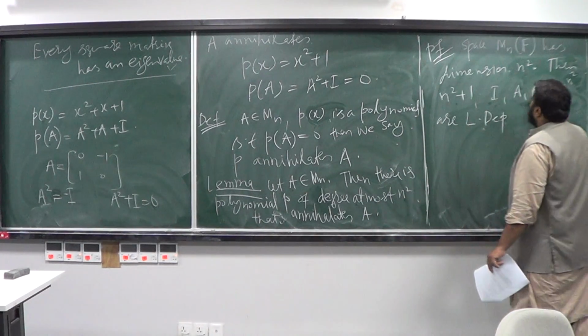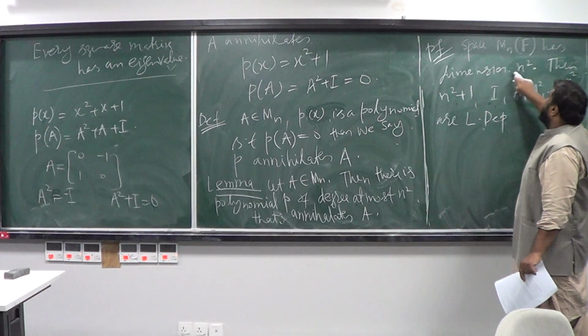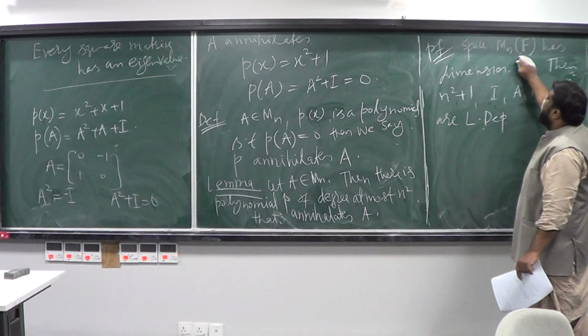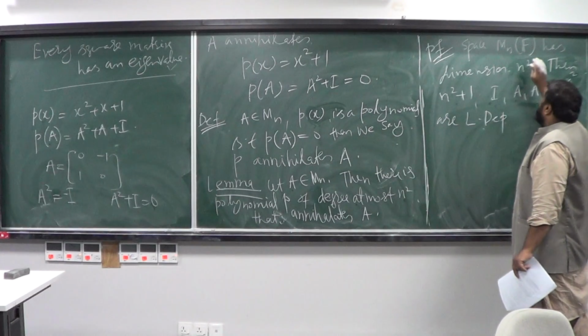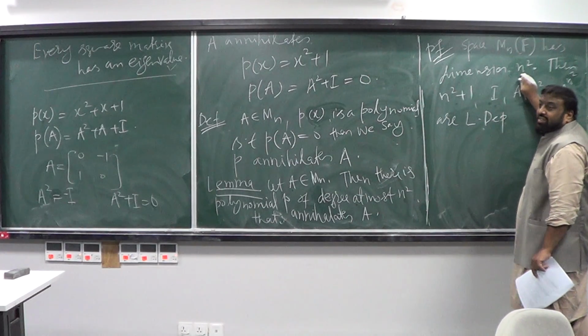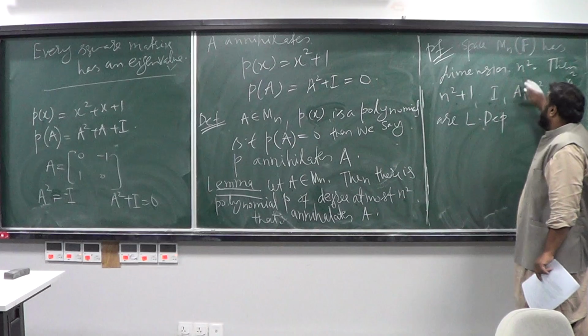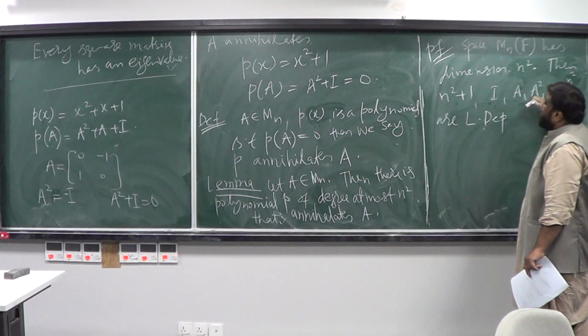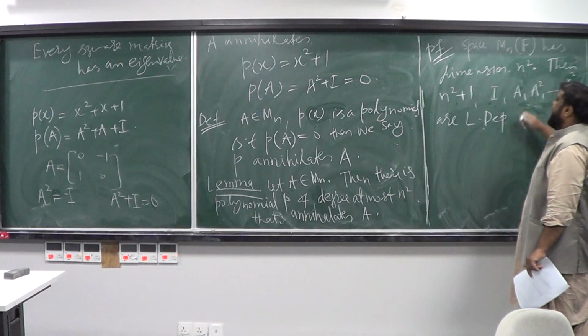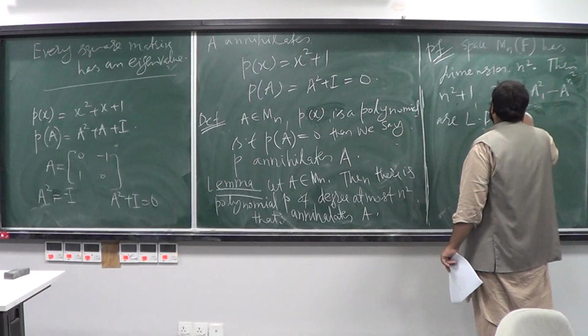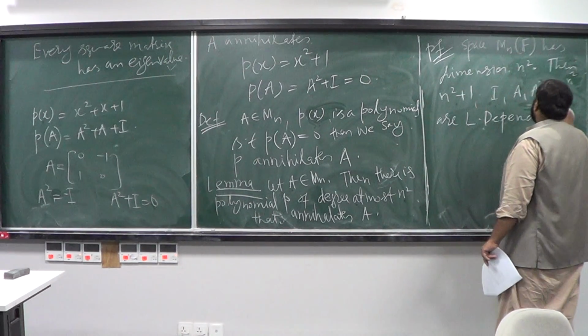How many matrices are these? n square plus 1. All of these are elements in M_n(F), so these are like vectors in M_n(F), whose dimension is n square. So these matrices must be linearly dependent.